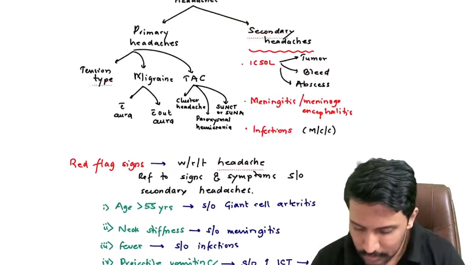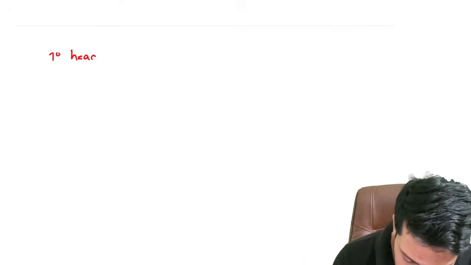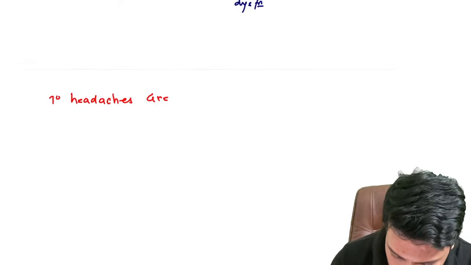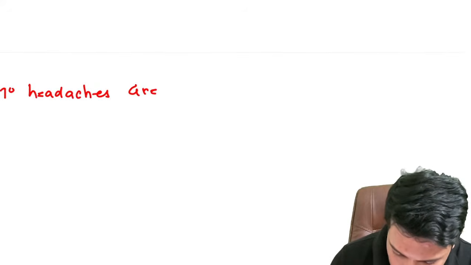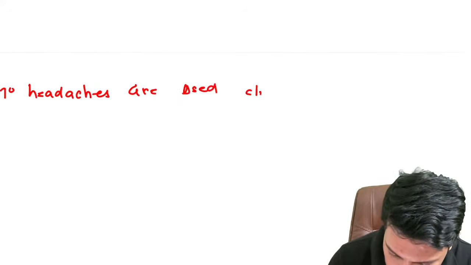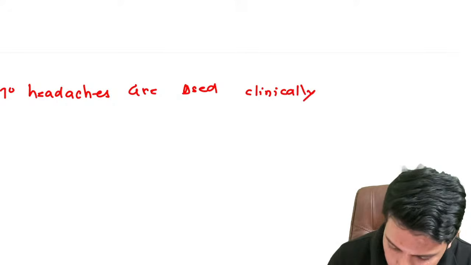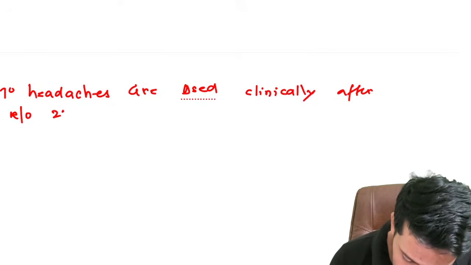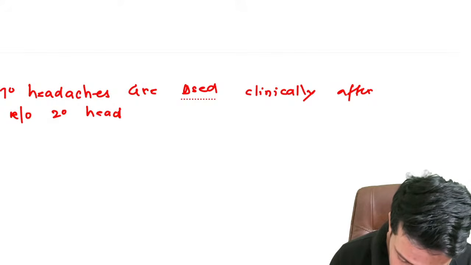Okay, so we come to the diagnosis of headaches. After ruling out the secondary headaches by ruling out the red flag signs, you can make a note: primary headaches are diagnosed clinically after ruling out secondary headaches.